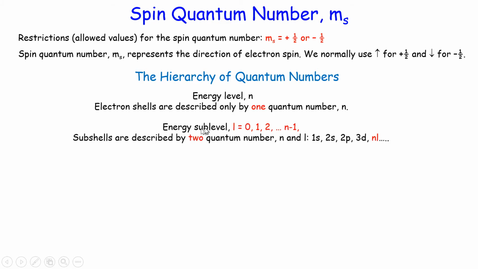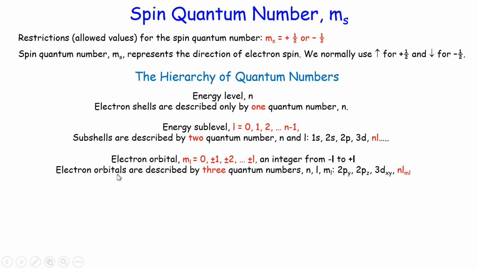However, subshells, or energy sublevels, are described by 2 quantum numbers, n and l. For example, the 2s subshell means n equals 2 and l equals 0.